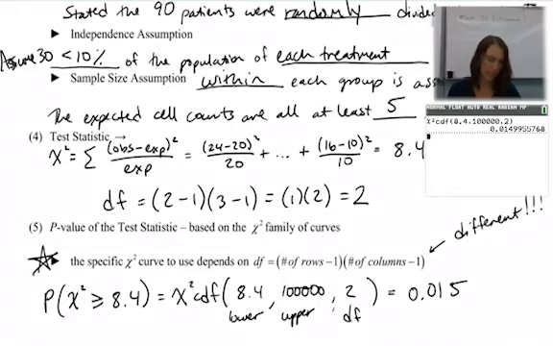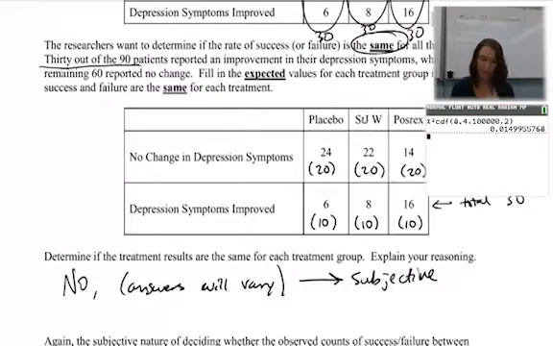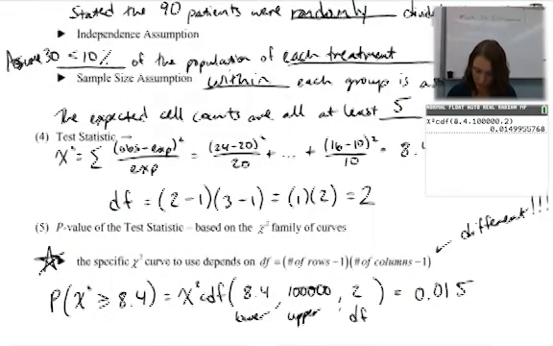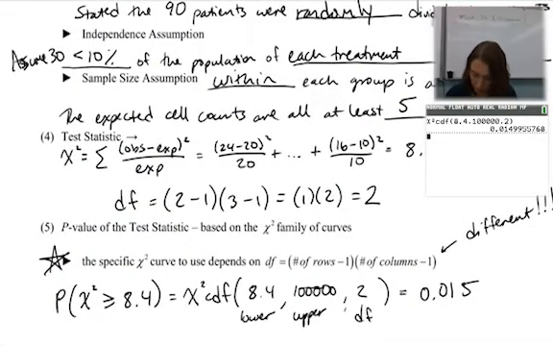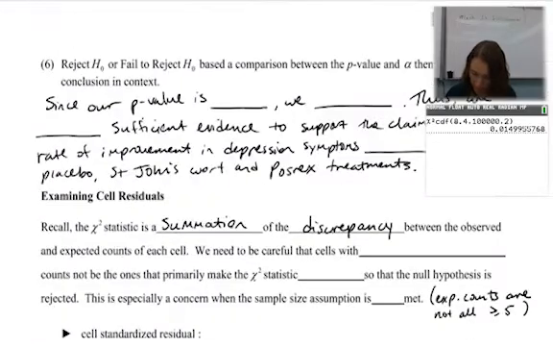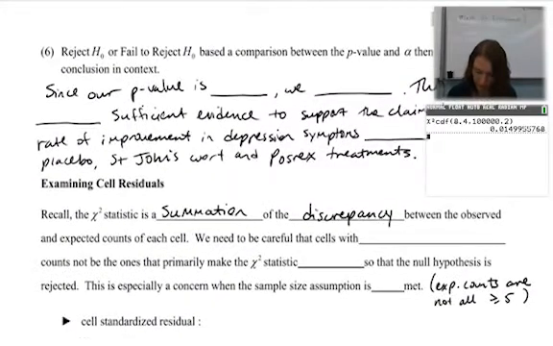All right, if we look back at the problem, they did not give us an alpha level, so we can just assume, and I'm going to write it on the next page for my conclusion, that alpha is 0.05 since it wasn't given to me.